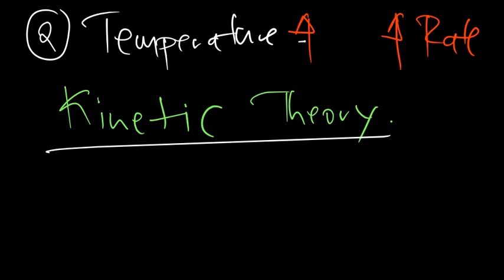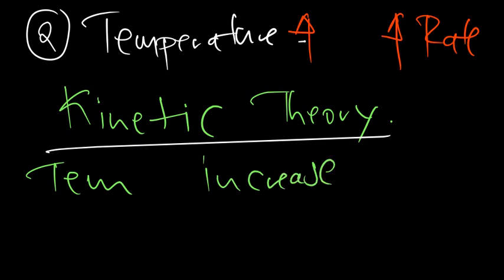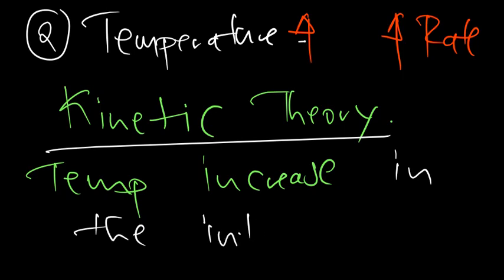Kinetic theory of matter: matter is made of small particles, and these particles are always in constant random motion, and there are frequent collisions between the molecules and whatnot. Okay, but let's forget about all that and try to simplify it. In terms of temperature, under kinetic theory, temperature is defined as the increase in the internal kinetic energy of what?